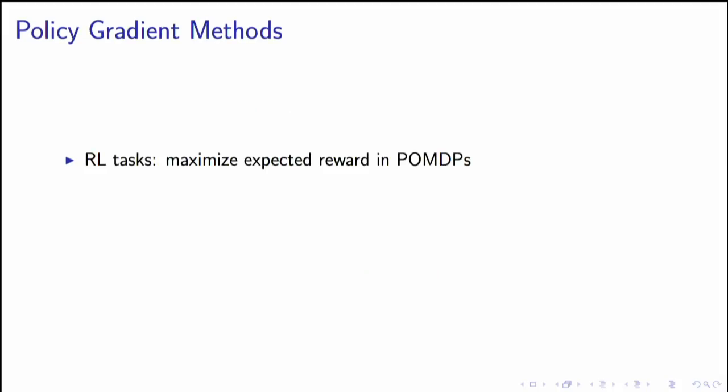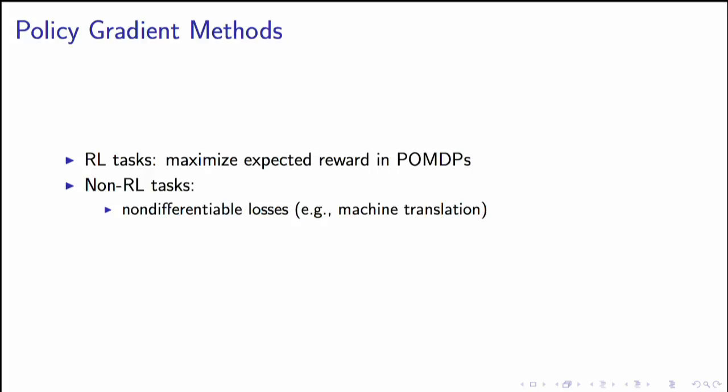So first, a little background on policy gradient methods. In these standard reinforcement learning tasks, you're trying to maximize the expected sum of rewards in a POMDP. This is a natural formulation for lots of control tasks, but also various machine learning problems that aren't usually thought of as reinforcement learning can be cast in this framework, like sequence tasks, like machine translation, where you want to write down a non-differentiable loss function.